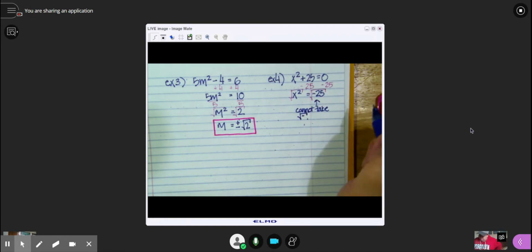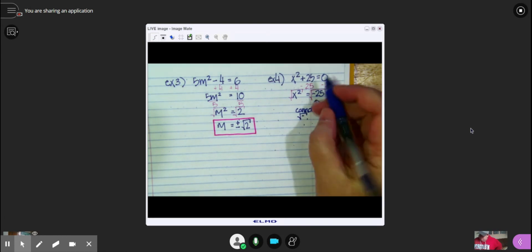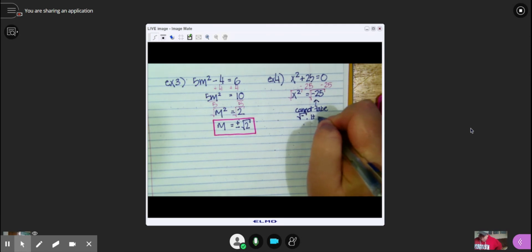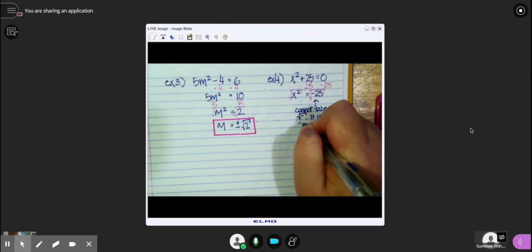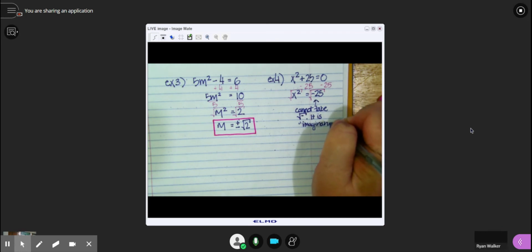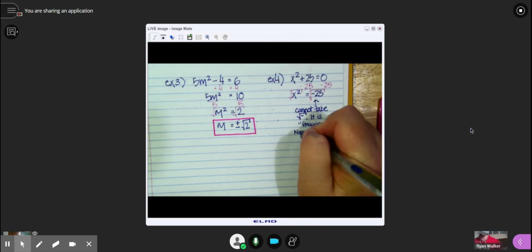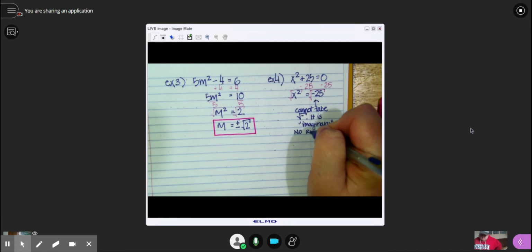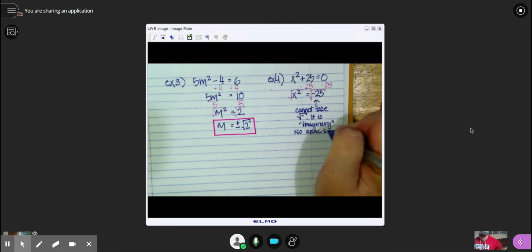You cannot take the square root of a negative number. It is imaginary. So this one is no real solution. Ran out of room.